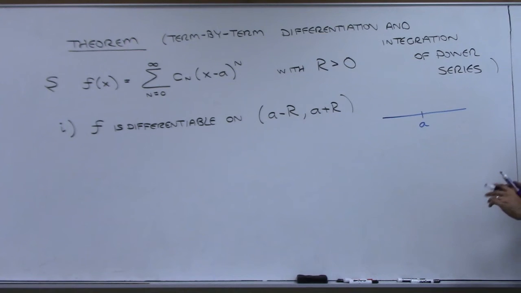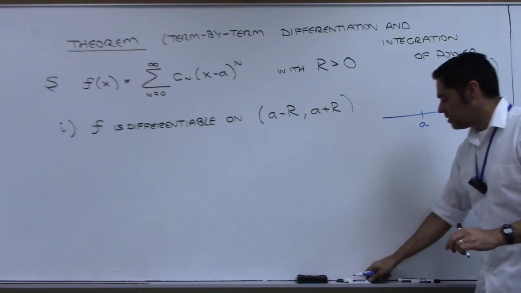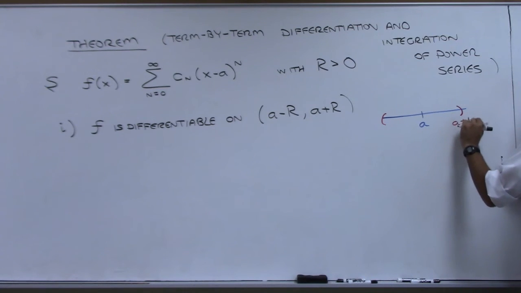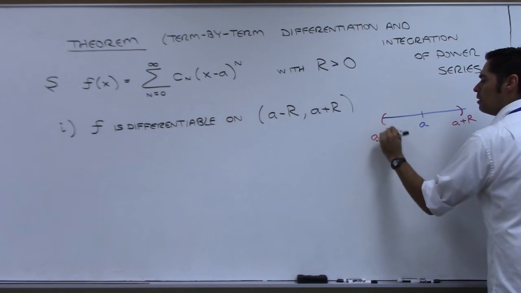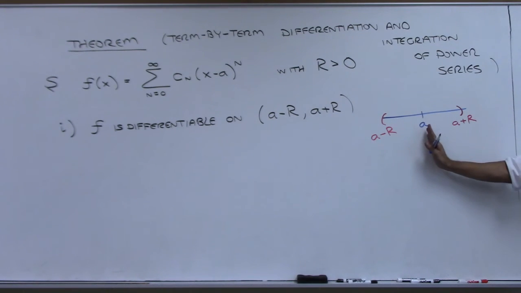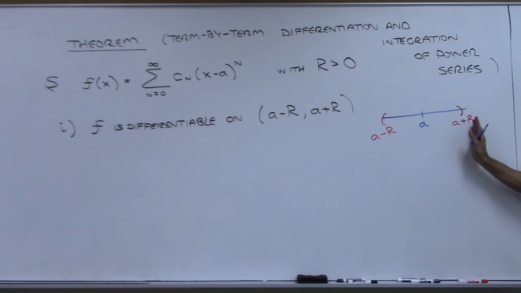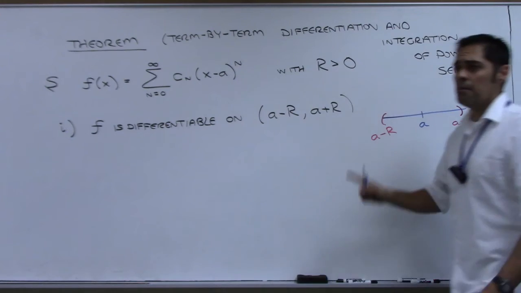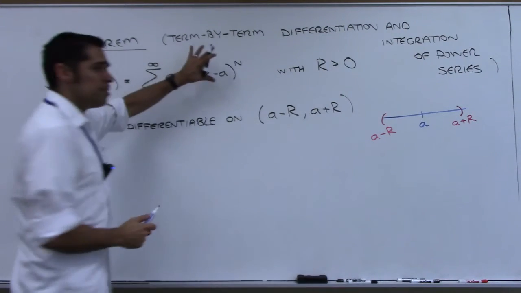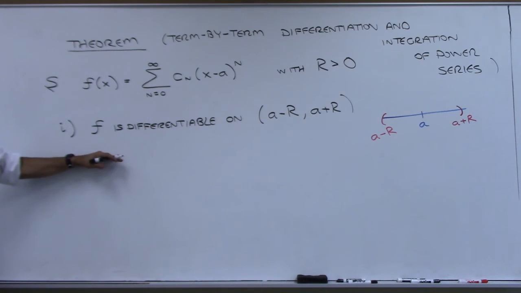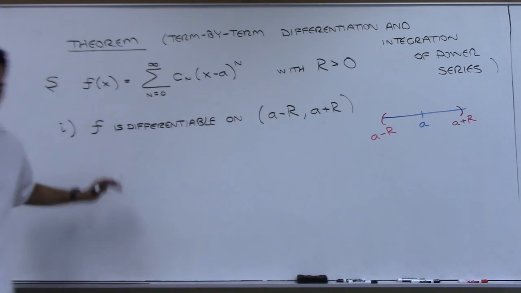The radius of convergence being R means that we have some interval where this is A plus R and this is A minus R. Does that make sense? Here's the center of your power series interval of convergence, here's that center plus R, here's that center minus R. So this theorem says that if this is a power series that has a radius of convergence greater than 0, then it's differentiable. You can take the derivative. All right?